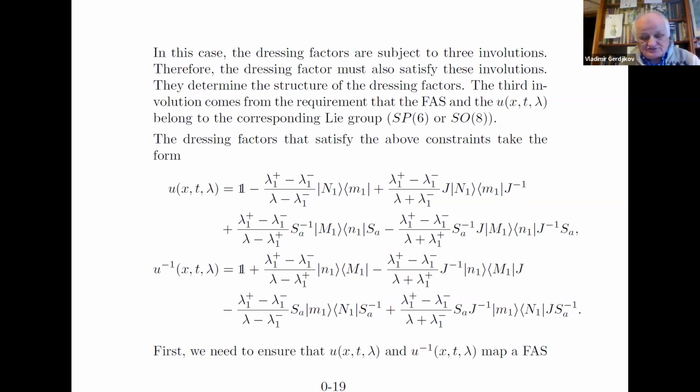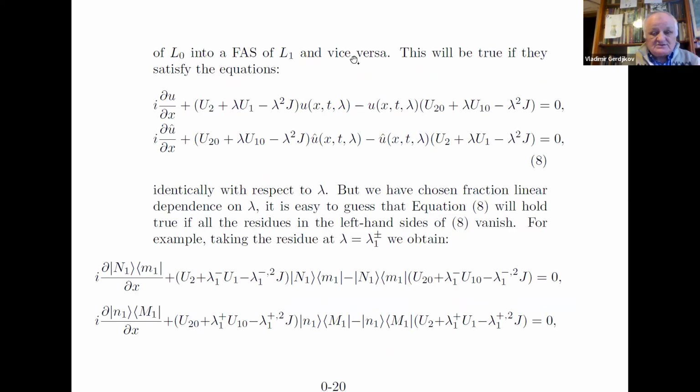So how to calculate them? Of course, the tool that we will use is the fact that this dressing factor relates two solutions of the same Lax operator. One of them is the naked solution, chi0, the other is chi1, corresponding to the one soliton case.